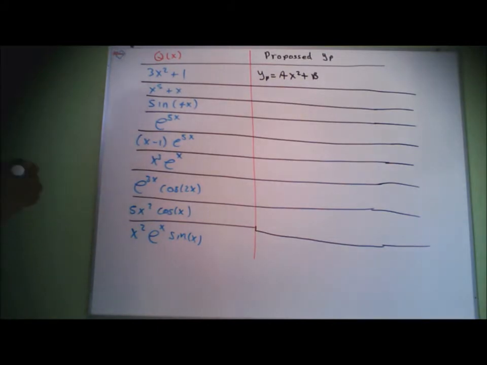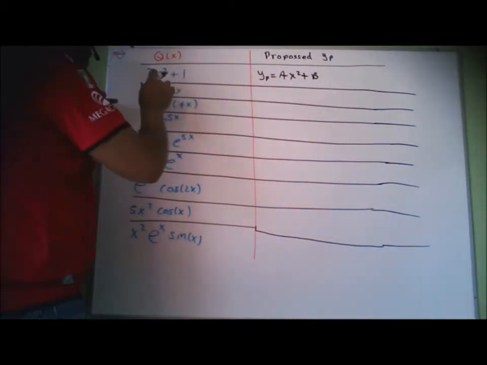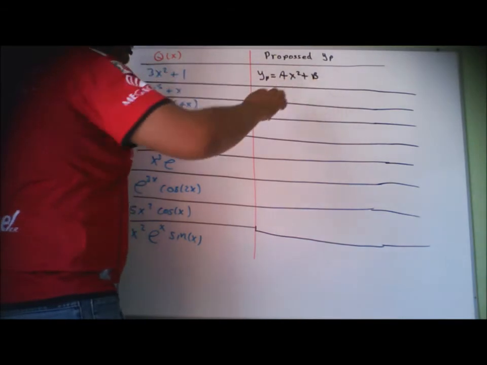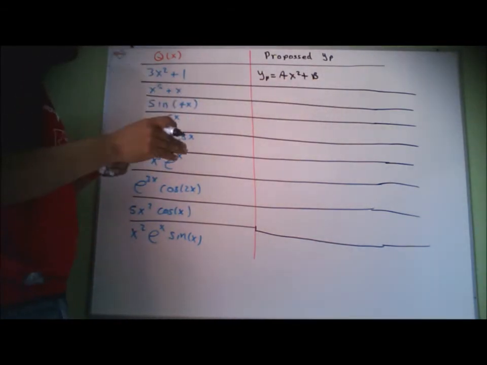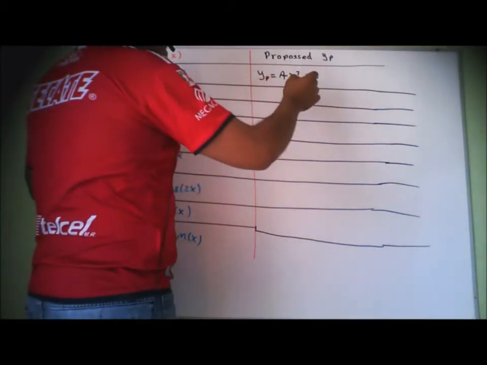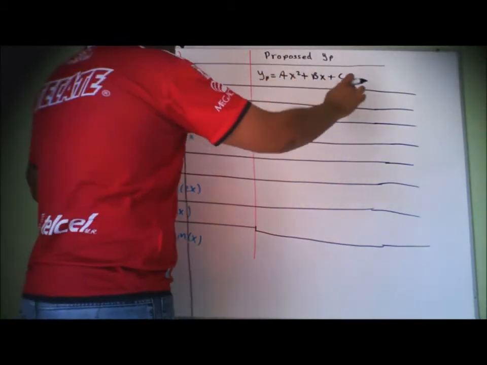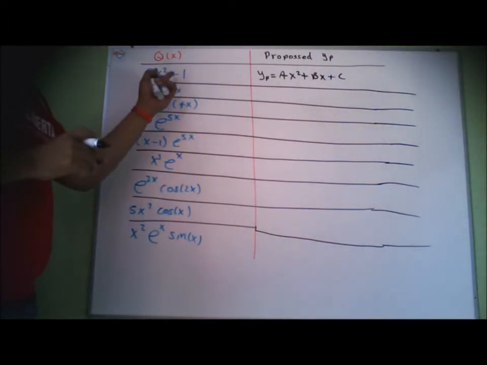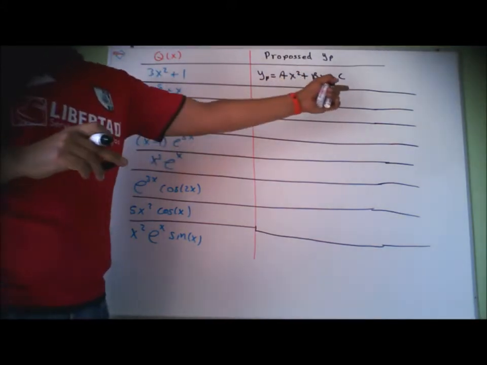This is incorrect. It's very similar: you have a 3x squared and then the 1, the independent coefficient, but you have to write the full polynomial. That means Ax squared plus Bx plus C, the full polynomial of second degree. Even though you don't have x here, that doesn't matter. You have to write the full polynomial.